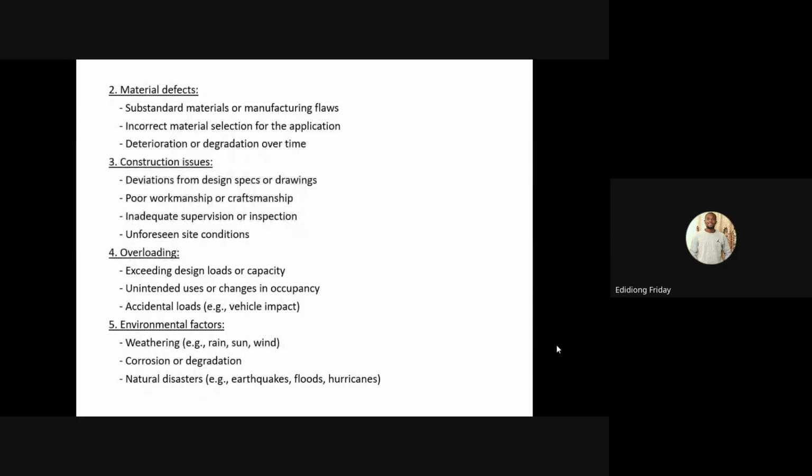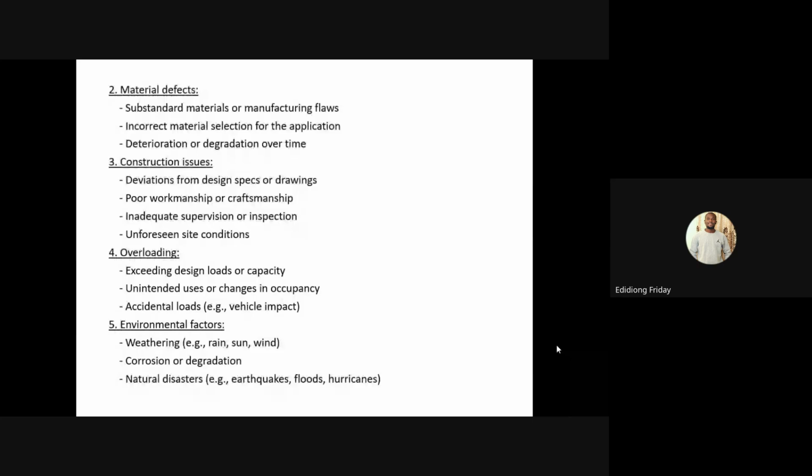Okay, the next is incorrect material selection for the application. When you select the wrong material. For instance, like the instance I gave earlier, you want to design for a waterlogged area, and the structural material you decide to choose is wood. That will not even last up to a year.